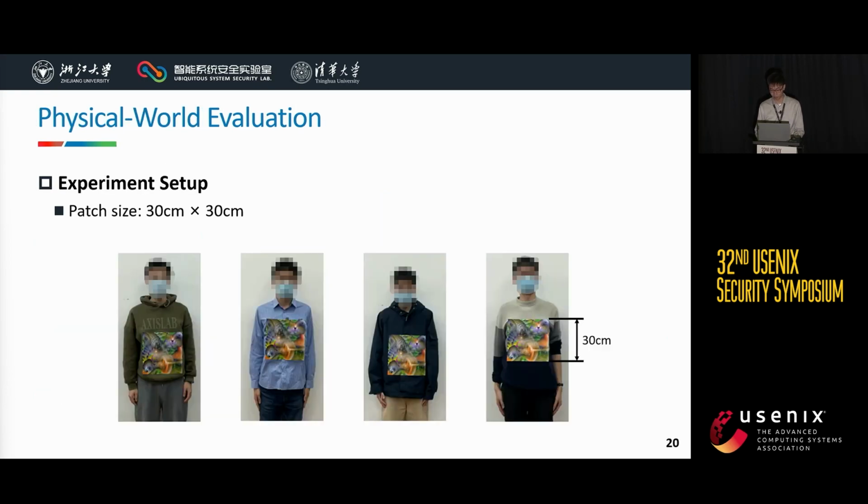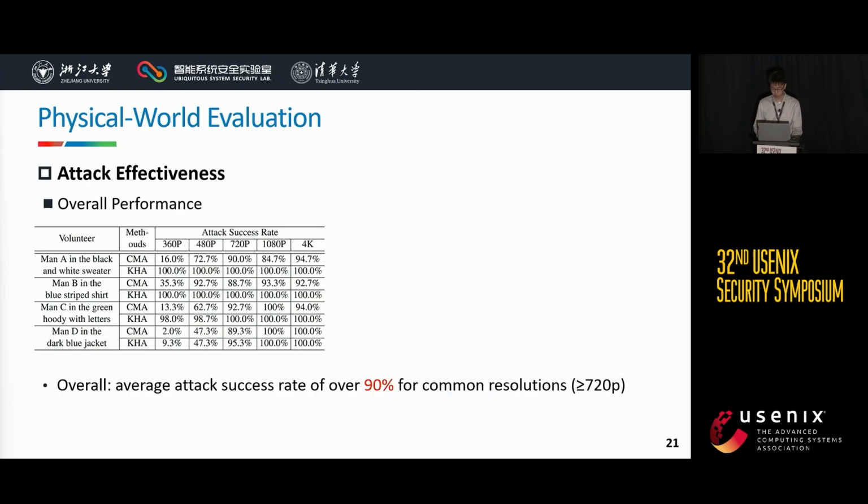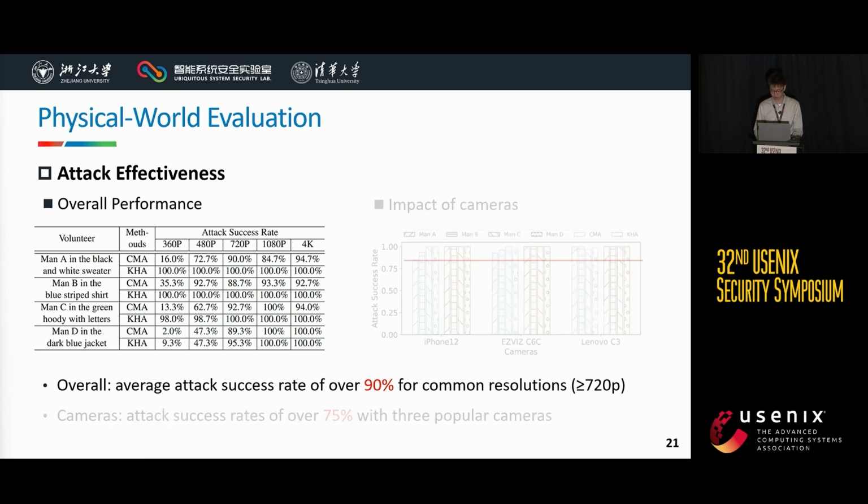Moreover, we evaluate CAPatch in the physical world. We printed a square poster with a side length of 30 centimeters and attached it to the volunteer's clothes. We have evaluated the attack effectiveness of CAPatch on different volunteers, different image resolutions, and cameras.